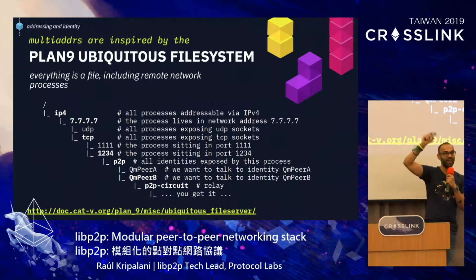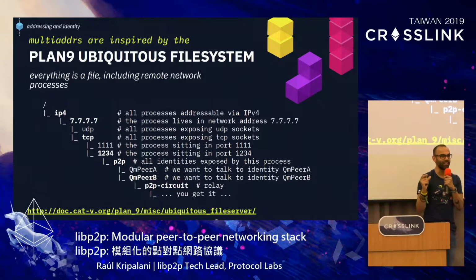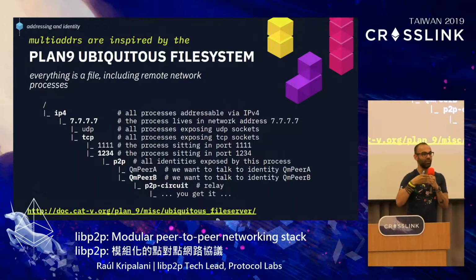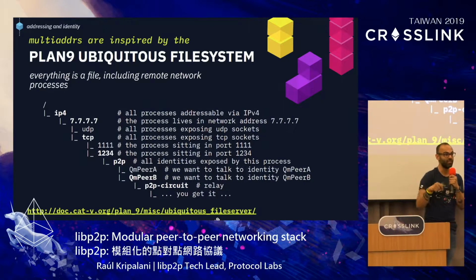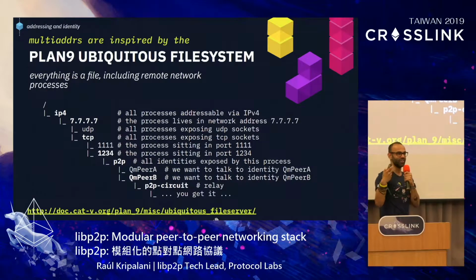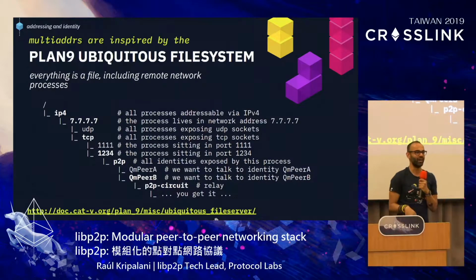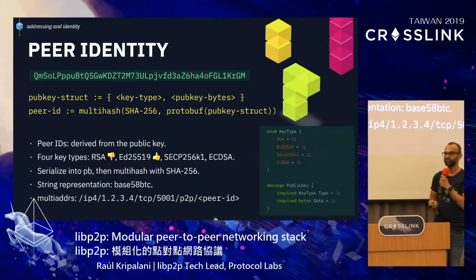So you can imagine the hierarchical nature of multiaddrs: if you were able to mount the entire world that is addressable via multiaddrs onto your file system, and have a daemon such that whenever you open a file descriptor or you write or read from a file descriptor, behind the scenes it's actually using libp2p to make that connection happen. That is a very cool idea, right? So this is really the inspiration behind the nature of multiaddrs. Ideally, I would love to be able to mount the entire peer-to-peer world's network on my laptop and interact with it via simple file descriptors.